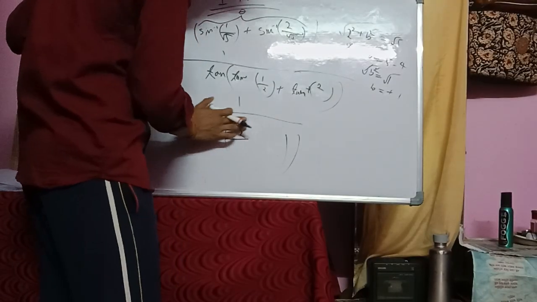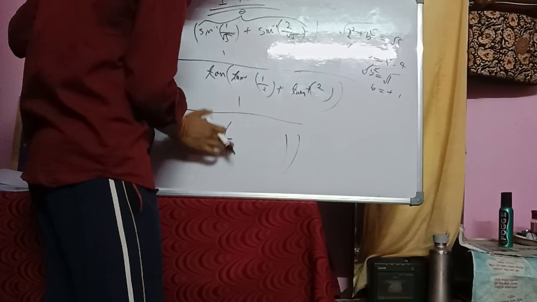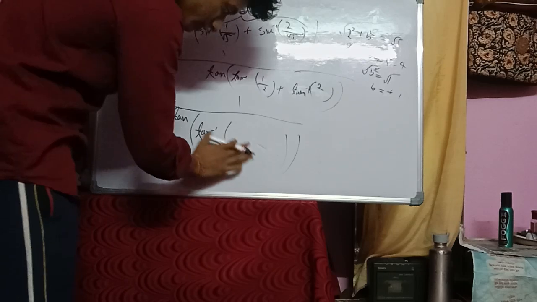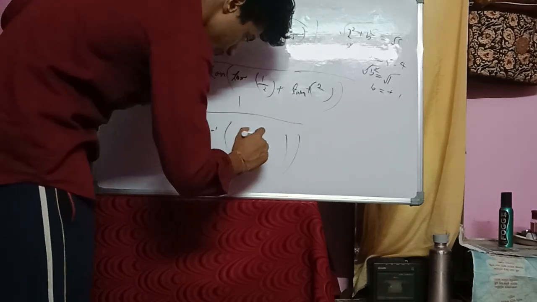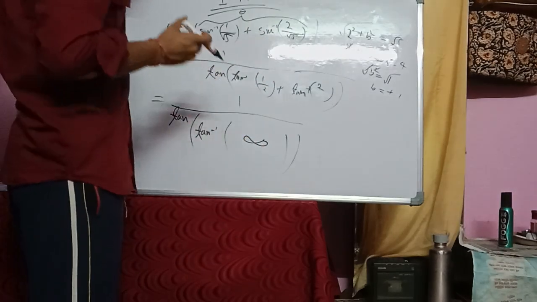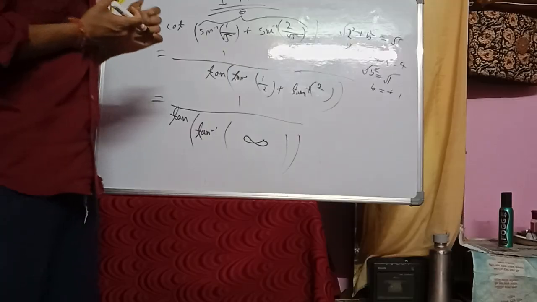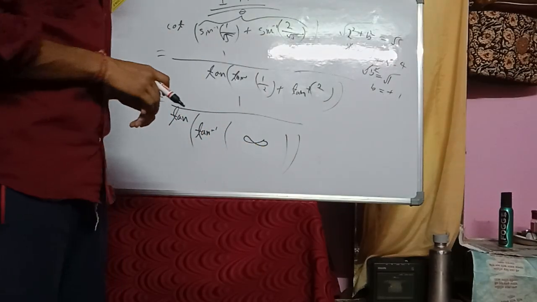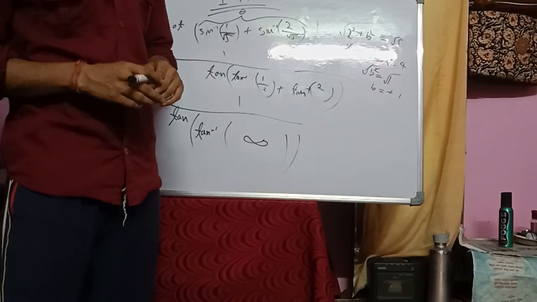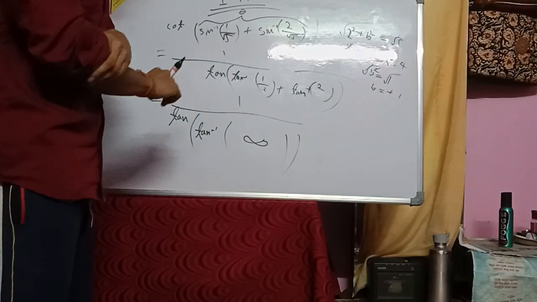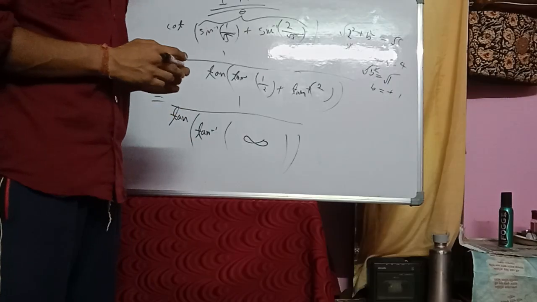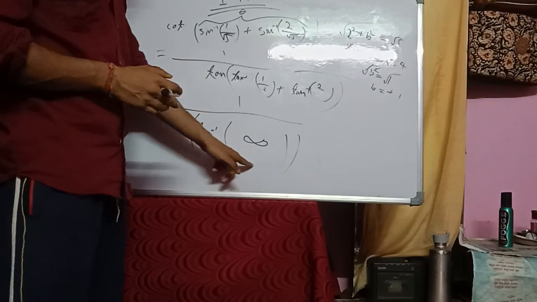This time we have positive infinity. You might ask why this would be positive infinity and not negative infinity. Because what we have in the numerator is positive. If we had something negative in the numerator, then it would have been negative infinity. But since the numerator is positive, we would have positive infinity here.